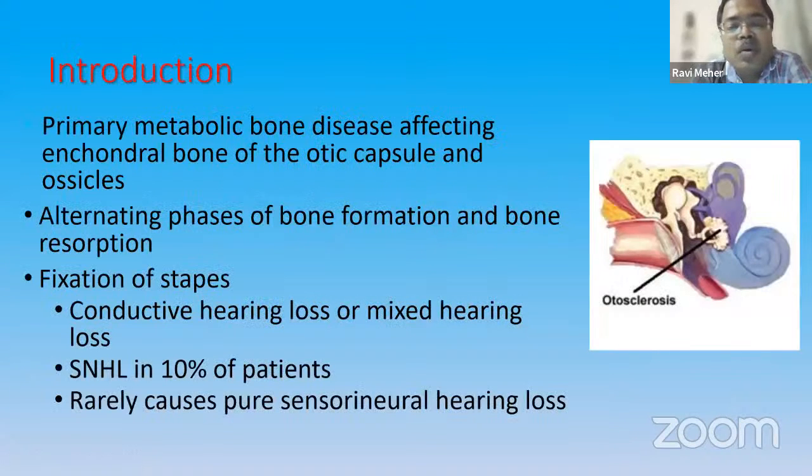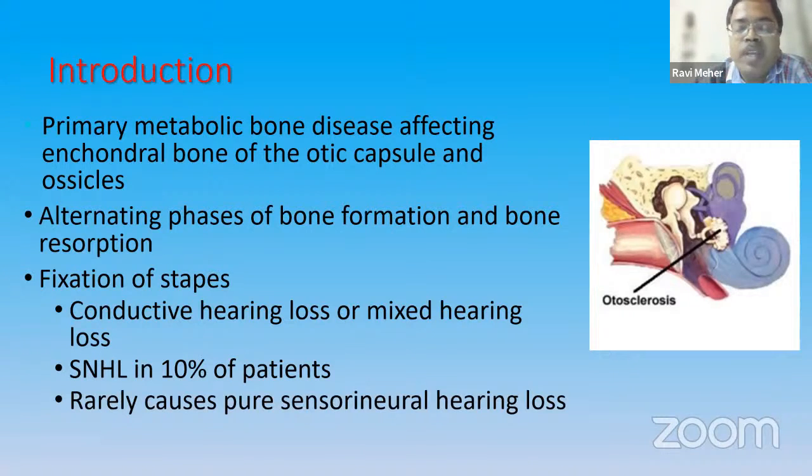So what is the etiopathogenesis? Otosclerosis is primarily a metabolic bony disease which affects the enchondral bone of the otic capsule, and it also affects the ossicles. There is increased action of the osteoclasts, with bone resorption and bone formation.